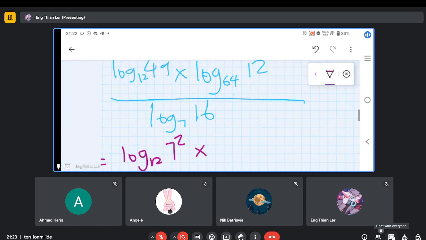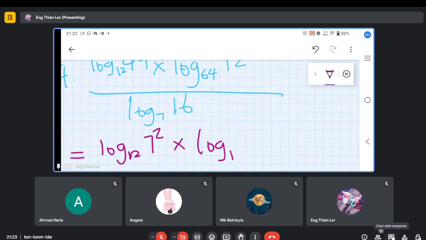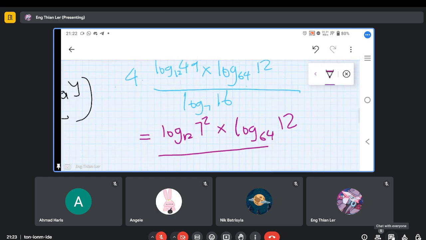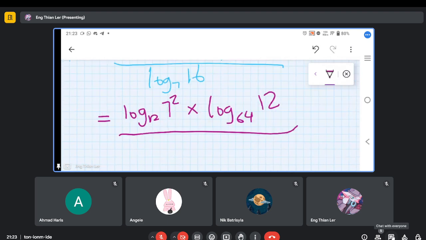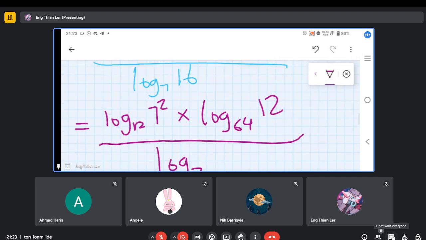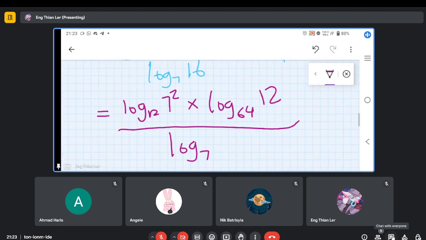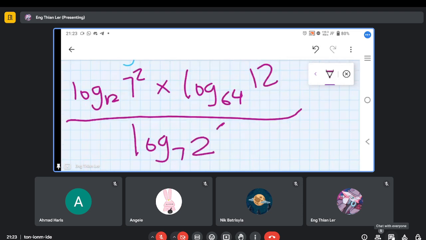Sadly we cannot simplify this one over 12. And 16 is 2 to the power of 4.